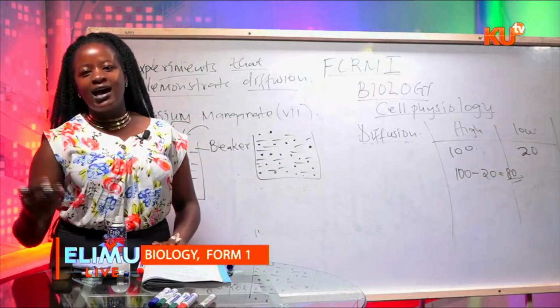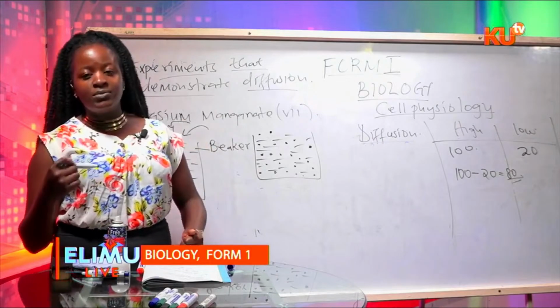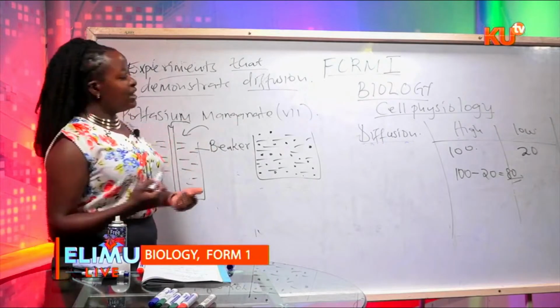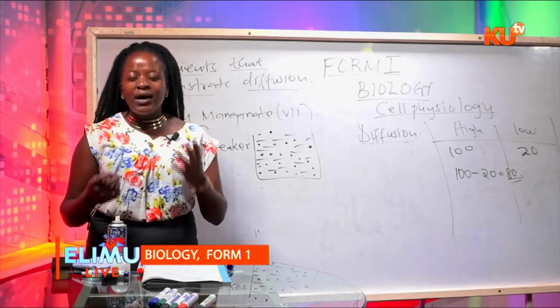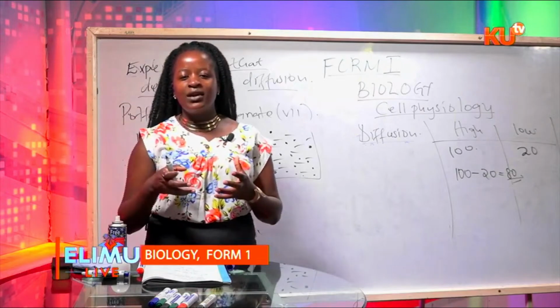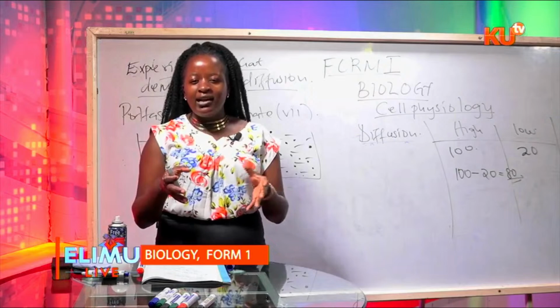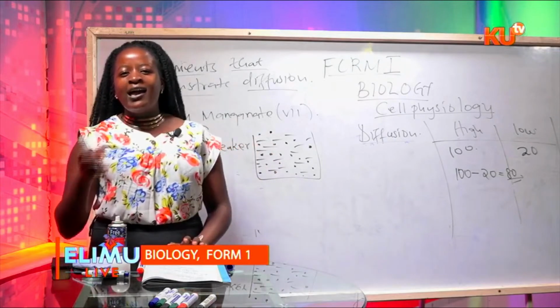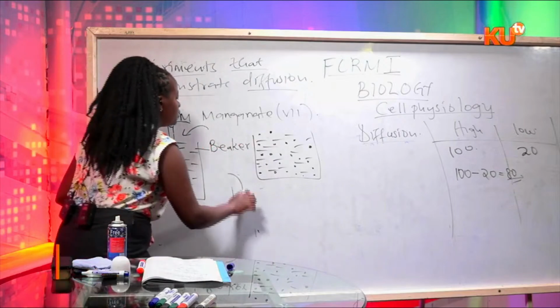The explanation is that the water turned purple because the particles making up potassium manganate 7 broke away from the crystal and spread throughout the water through the process of diffusion.